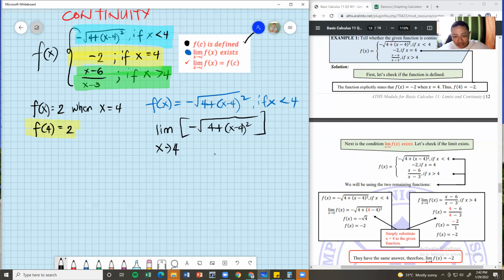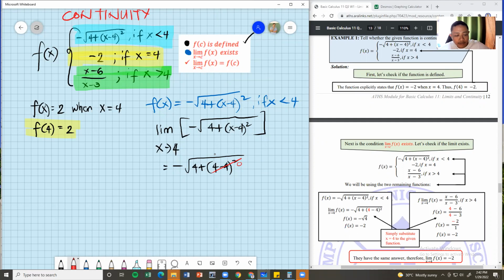Can you follow? And then, let's just substitute. This will be equal to, by substituting, of course, di siya magiging undefined. Tingnan natin, by substituting, this will become negative square root of 4 plus 4 minus 4 squared. Of course, 4 minus 4 is 0. 0 squared is just 0. So, magiging siyang 4.